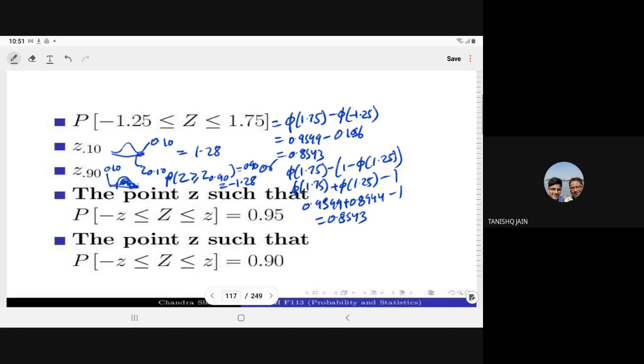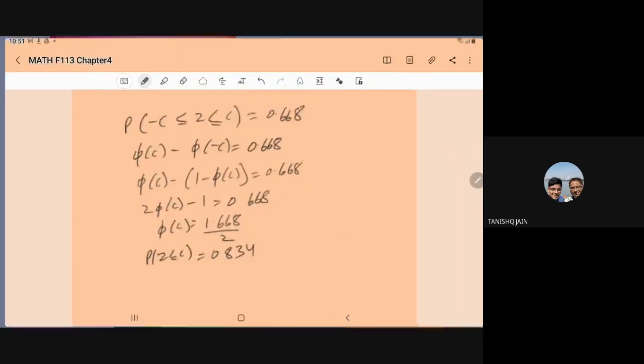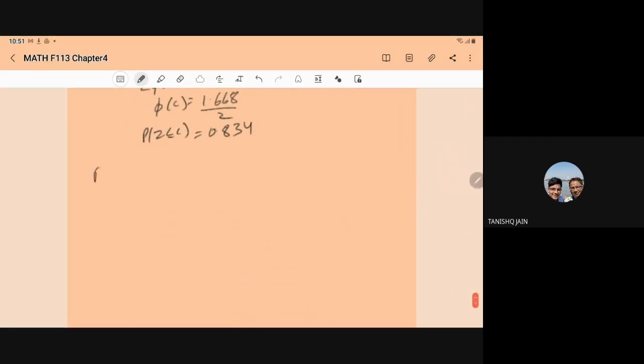For example, if you have to compute the Z, so if you have to compute the probability of minus Z to Z equal to 0.95, how much of the observed value lies within the 95%?